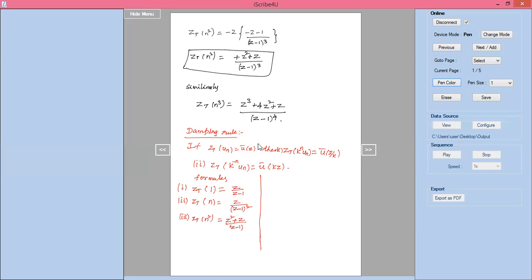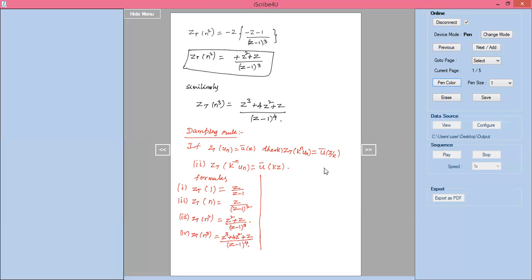The fourth one is the Z transform of n cube equal to Z cube plus 4Z square plus Z divided by Z minus 1 whole power 4. For these we are not using the damping rule.